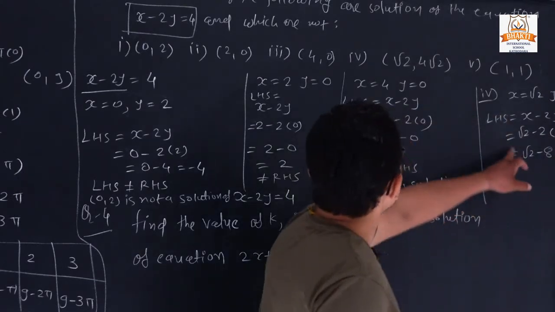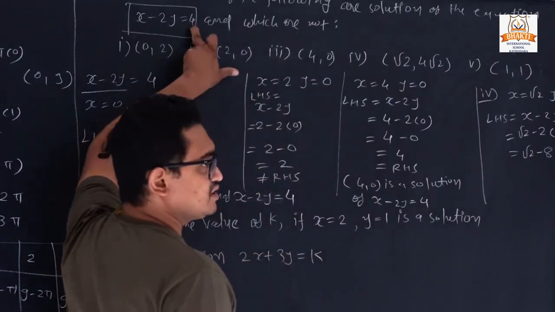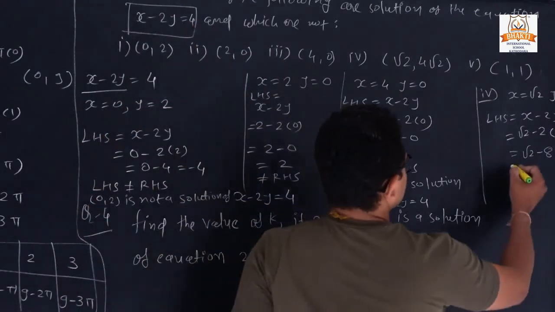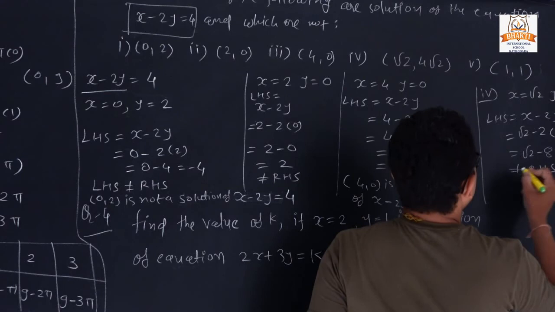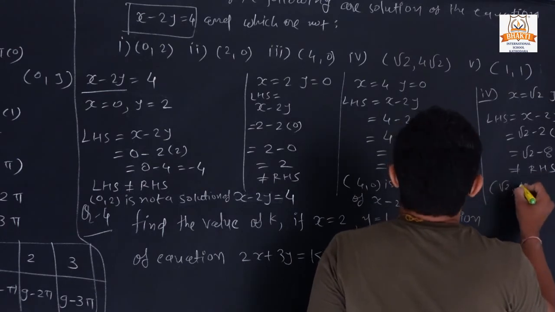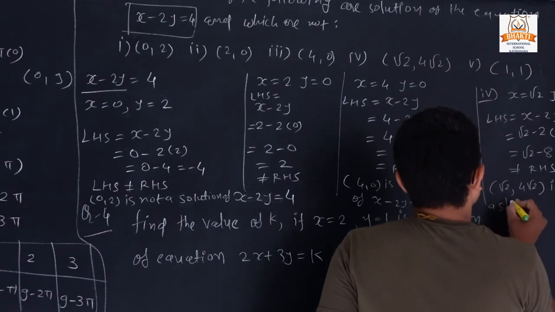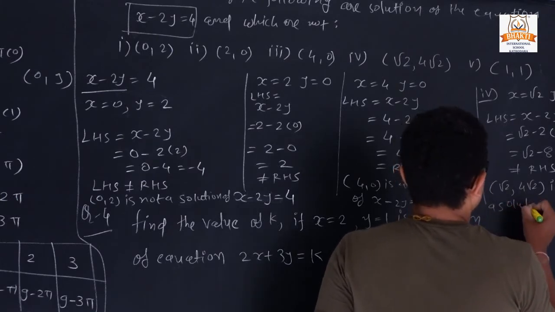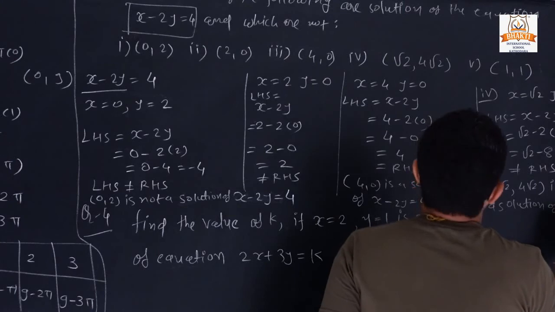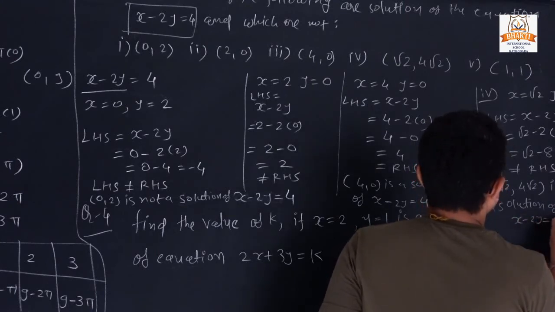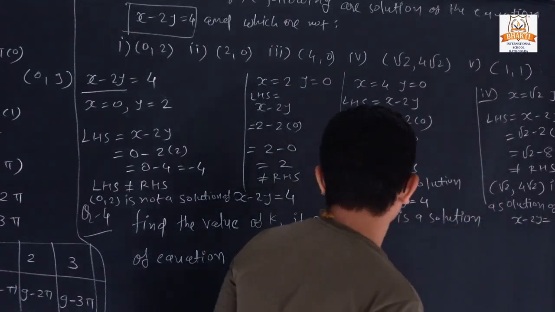It is not matched with our right hand side because here we have a 4. So it is not equal to RHS. So we can say that root 2, 4 root 2 is not a solution of x minus 2y is equal to 4.